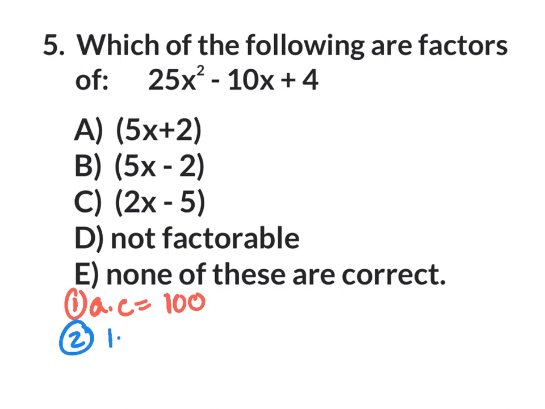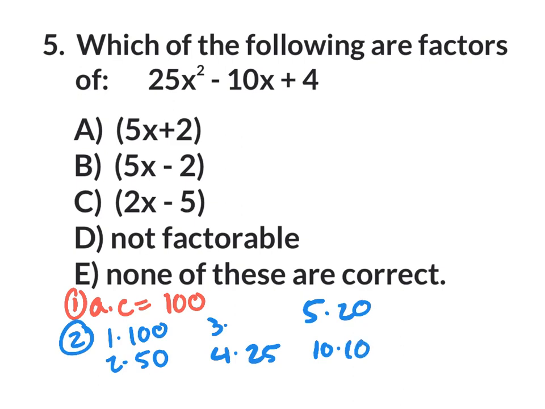So you have 1 times 100, 2 times 50, 3 doesn't work, 4 times 25, 5 times 20, 6, 7, and 8 don't work, 10 times 10. Those are all the possible ways.